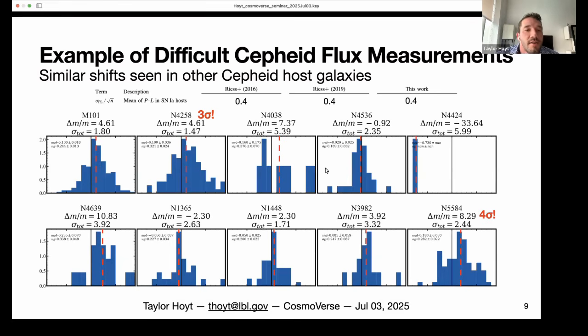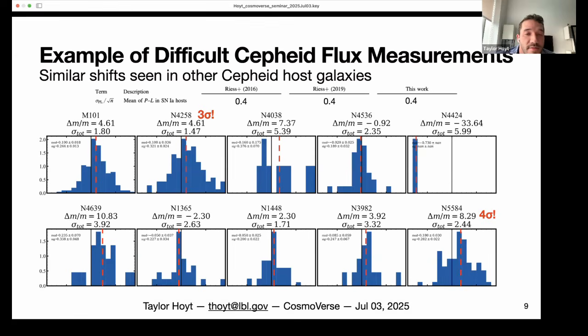And so the title of each histogram is the percent change in the Cepheid magnitudes. And then right below that is the quoted percent error in the distance. So the ratio of the top and bottom number is the sigma shift.